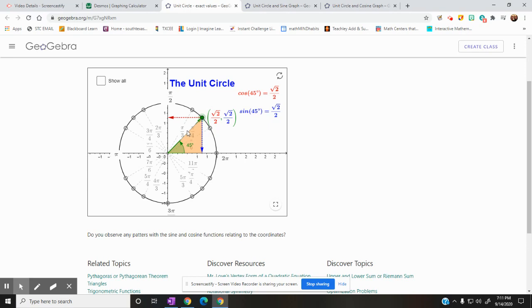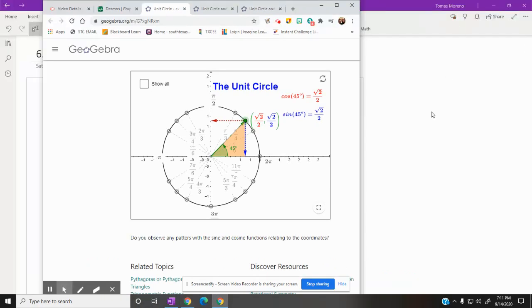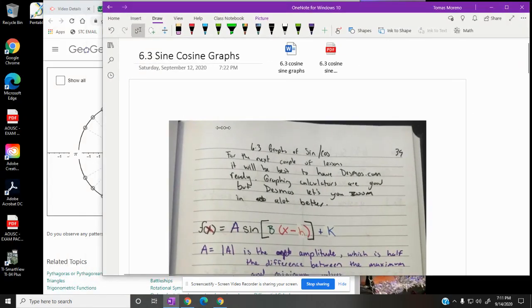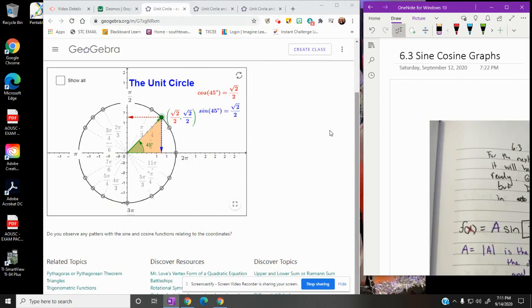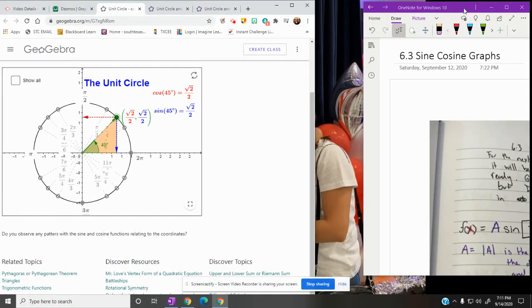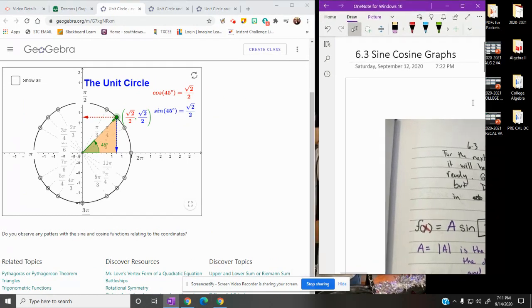But now we're working backwards. I wish I could write on this, but maybe I could. Let me see if I can do something real quick. Move this to the side right here.